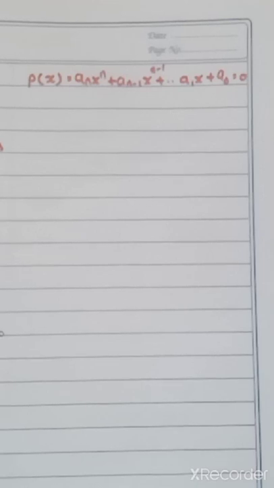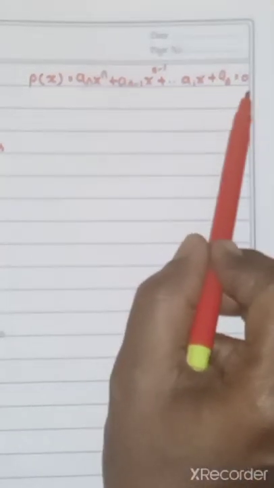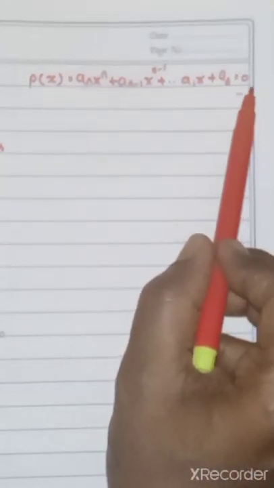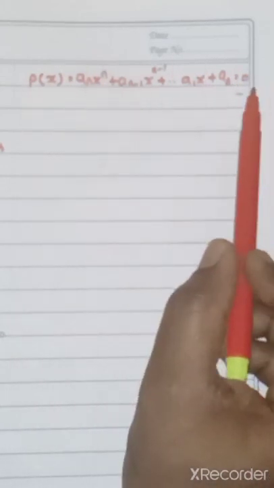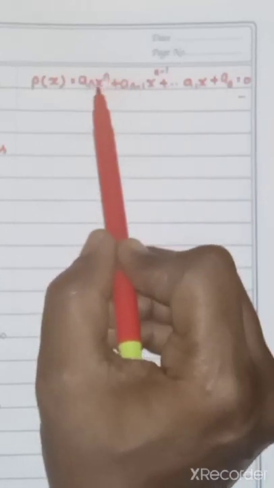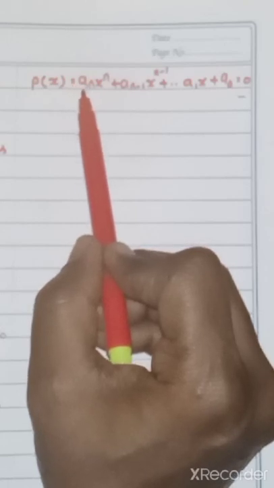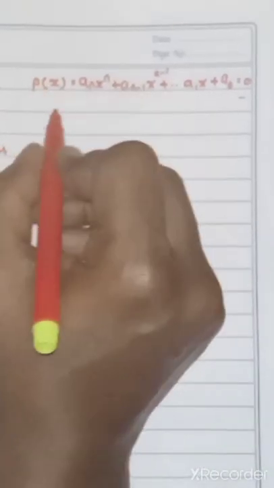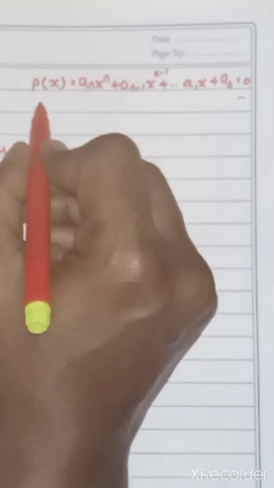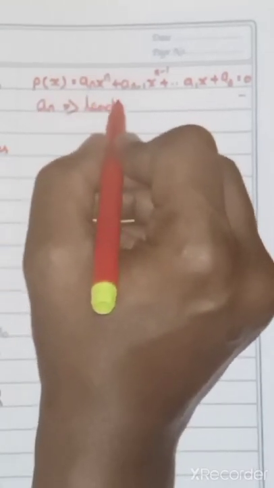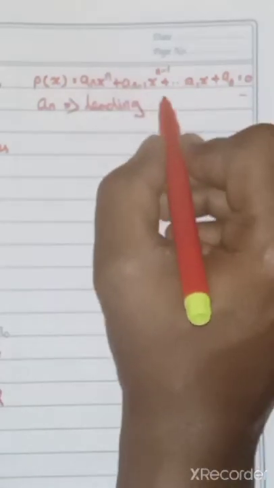Okay, next again, what is this one? Equal to 0, what can we say? Polynomial equation. So we are taking one polynomial equation. What is its higher power? x power n. So there is a coefficient of the higher power, right? What is its coefficient? a power n. So this a power n is called the leading coefficient. Leading means it is the highest power, correct?